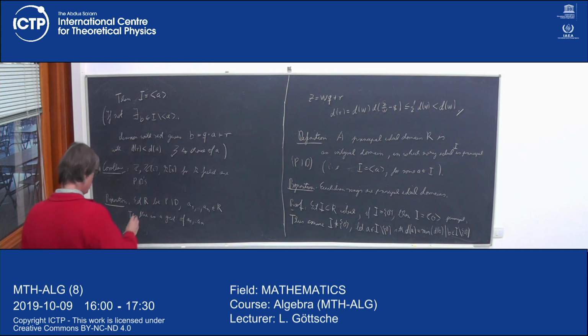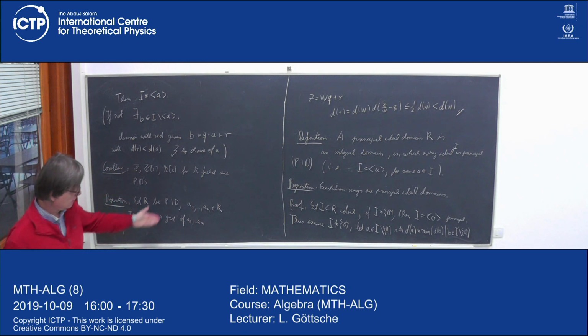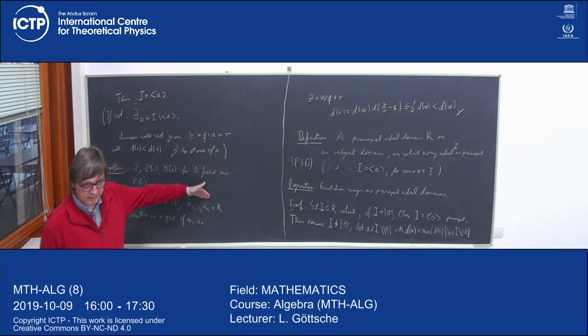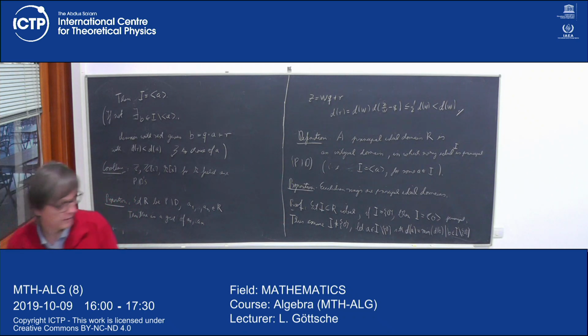Okay, and in fact it's very simple again, kind of obvious. We take A1 to An, which generates an ideal. So this is a principal ideal. The generator of this principal ideal will be a greatest common divisor. So let's see how.